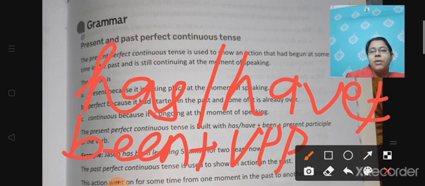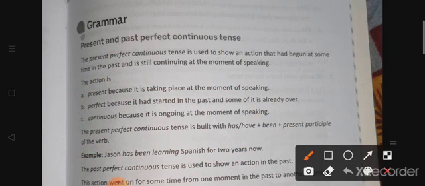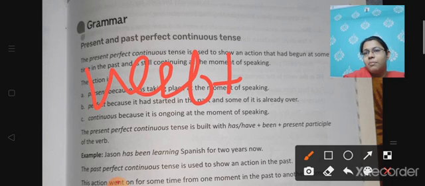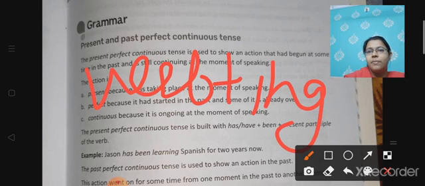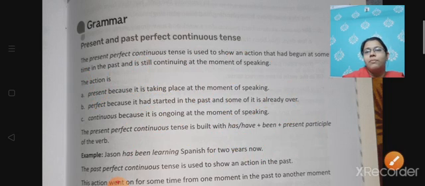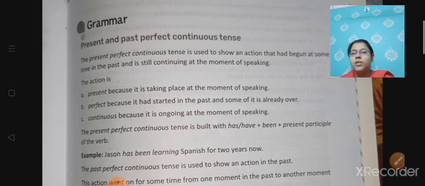Now here VPP का मतलब verb present participle है, past participle नहीं है. और verb का present participle क्या होता है? Verb plus ing. Okay, so that is your present participle.